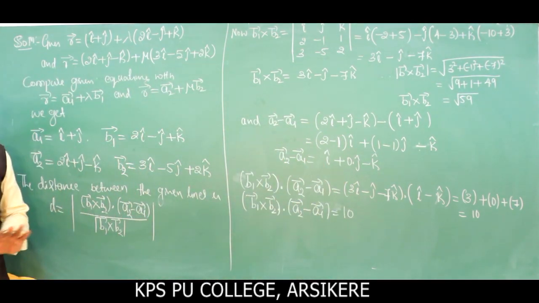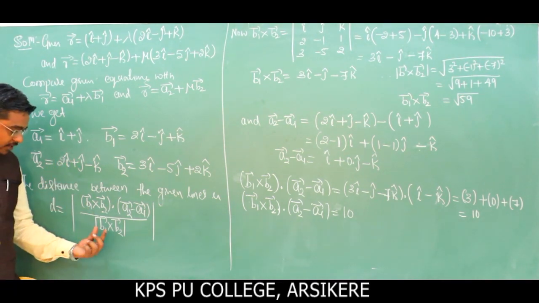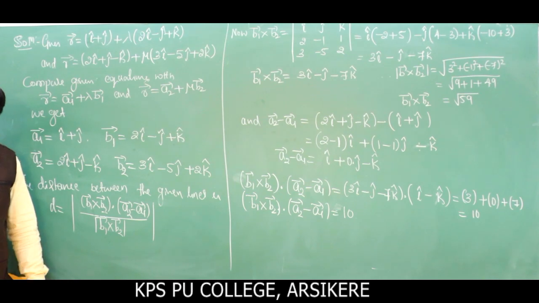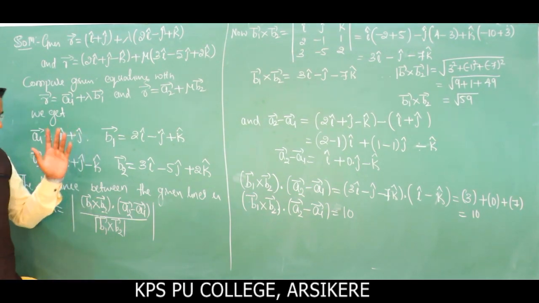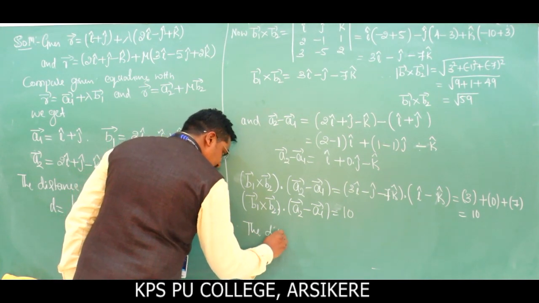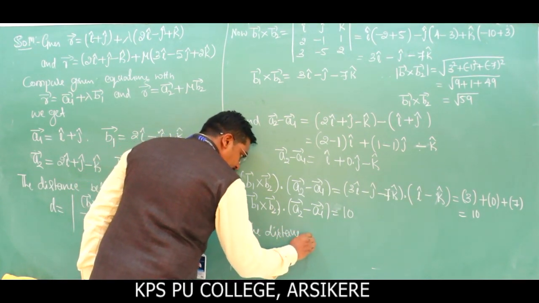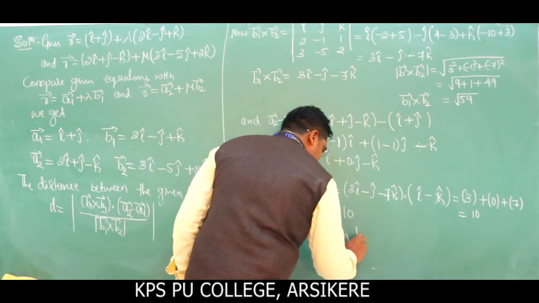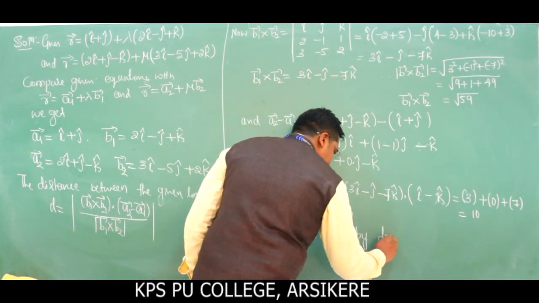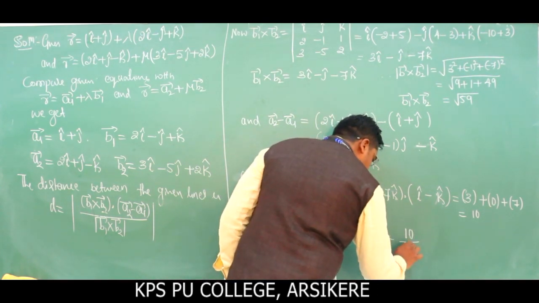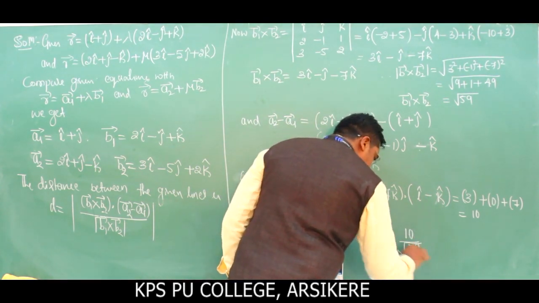We have obtained all the values. The mod of b1 cross b2 and b1 cross b2 dot a2 minus a1 are obtained. So substituting, the distance between the given two skew lines is given by d is equal to 10 divided by root 59.